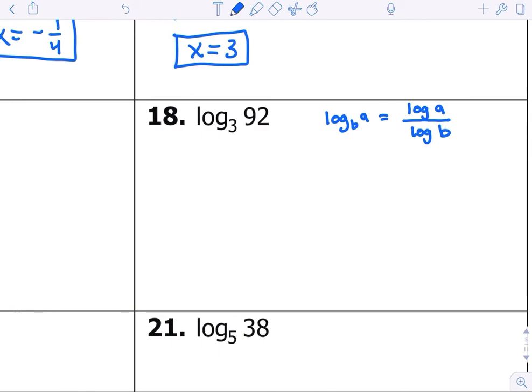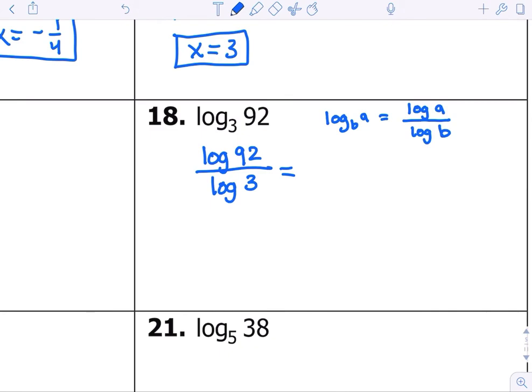And then you guys put this into your calculator. So this one, since this is the argument, right, this is your guys' a value. So log of 92 all over log of 3. And this is what you guys are going to put into your calculator.